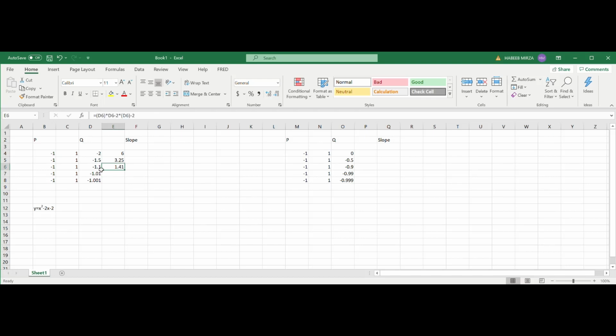Same thing, if we put this number into this formula, this times this minus 2 times this minus 2, you get that.